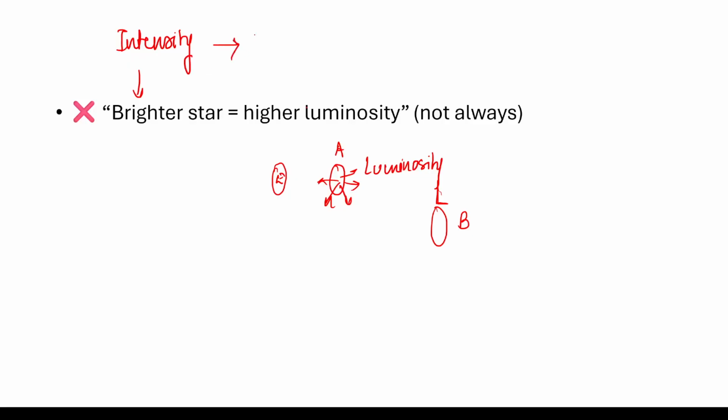No, intensity not only depends on the luminosity, but also on the distance between you and the star, 4 pi distance squared. So if this star is appearing brighter, but it's also closer, the other could have higher luminosity but still appear weaker because it might be farther. So intensity is the light that you perceive, the brightness that you see. Luminosity is the brightness that is emitted.